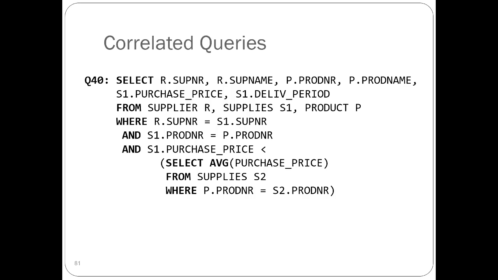This is probably one of the toughest queries that we have, but let's see what we are trying to do. When you get stuck with a really complex query like this, what I would suggest is start from the from clause, because from the from clause we would have some idea about how many tables are involved.